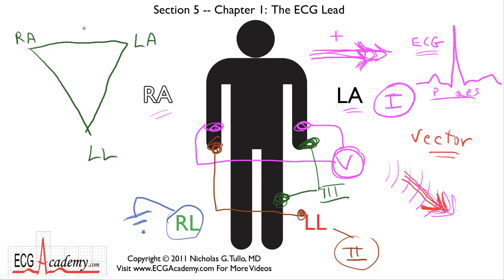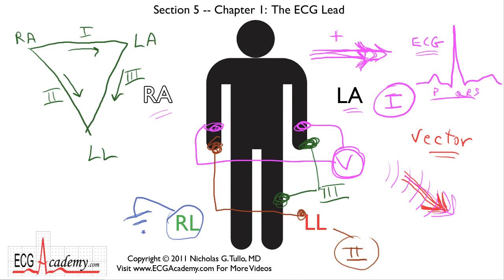And what he described as lead 1 being from the right arm to the left arm, lead 2 being from the right arm to the left leg, and lead 3 being in this direction from the left arm to the left leg. Now, this was Einthoven's triangle, and we're going to talk a lot more about this in the next lesson, but I want you guys to understand the concept behind each of these leads.